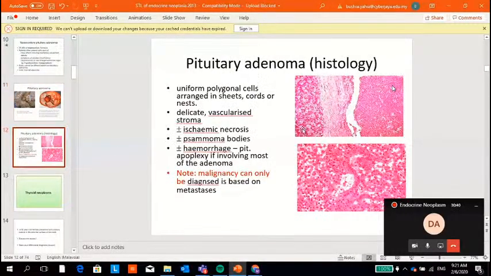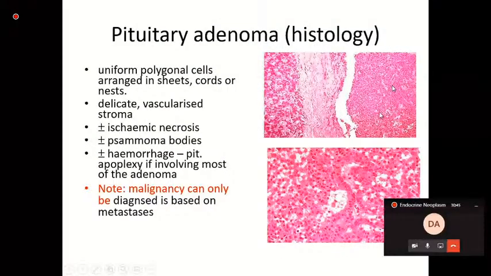For histology, this is the adenoma. Most endocrine tumors usually have small uniform cells with scanty cytoplasm, sometimes arranged in diffuse sheets or cords. In H&E we just see uniform cells, and we know this is from the pituitary.